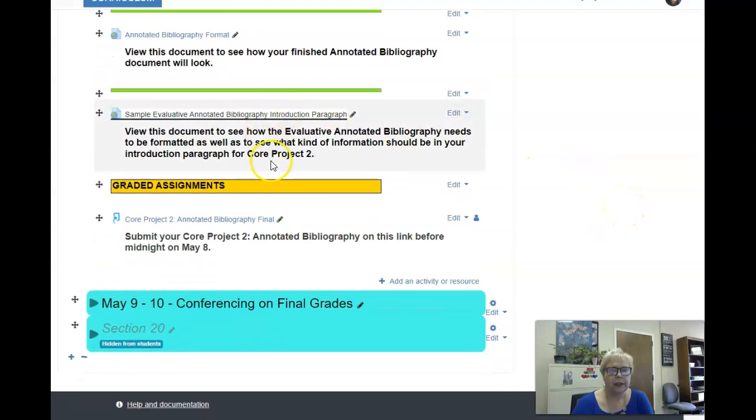And when you do complete that document, make sure it's all in MLA standard format, and make it look like the one that I gave you here on format, and this one where I actually started with the introduction paragraph. But this is what it needs to look like.